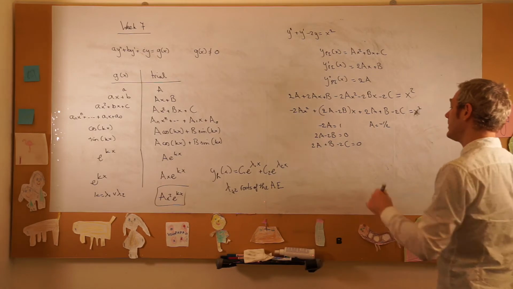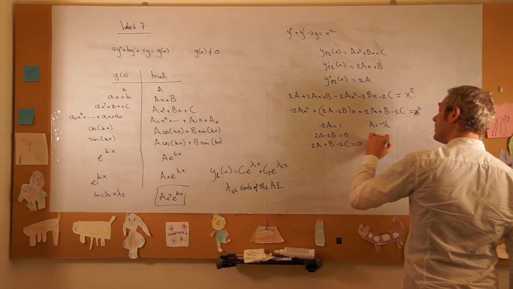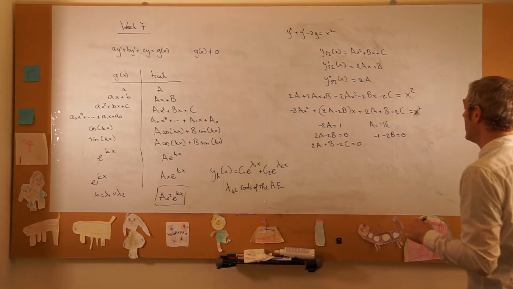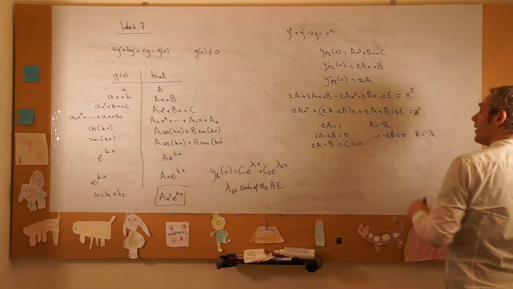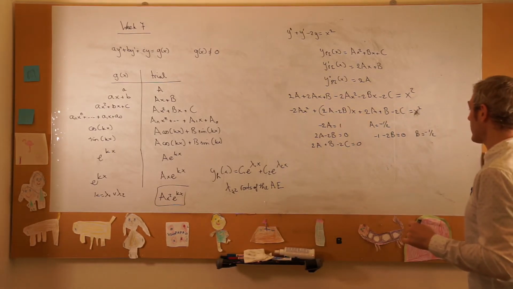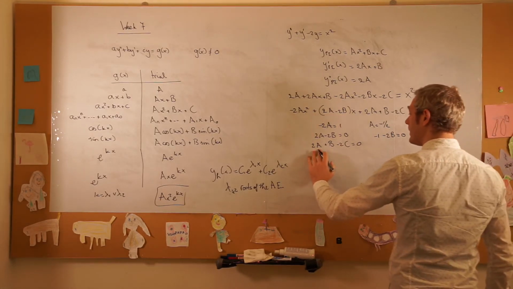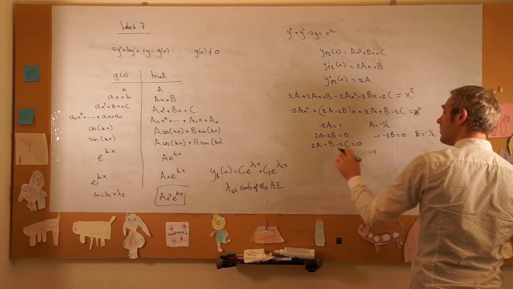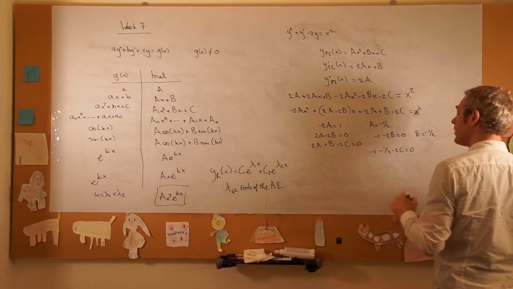Well, from the first equation, I can see that a is equal to minus 1/2, and I can fill that in here, and I get that minus 1 minus 2b is equal to 0. That gives me b is equal to minus 1/2 as well. I fill it in the last formula, so we get 2a, which is minus 1, plus b, minus 1/2, minus 2c is equal to 0.